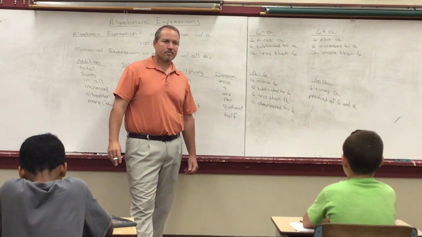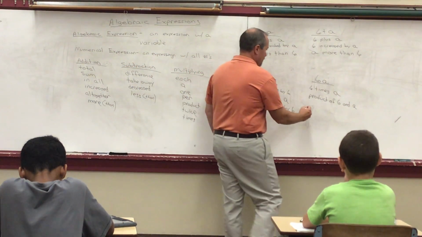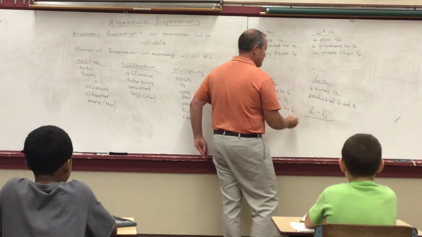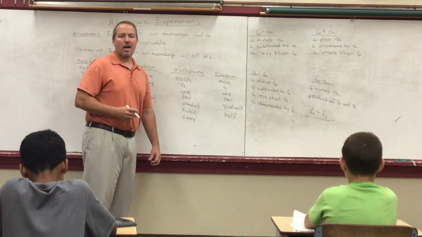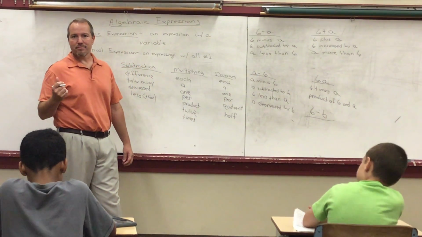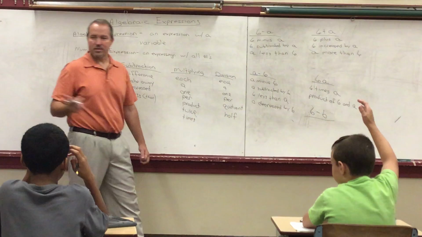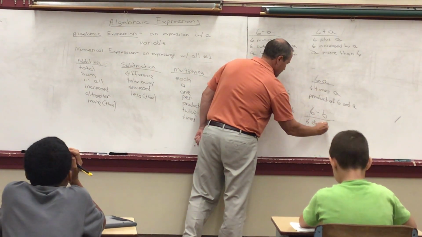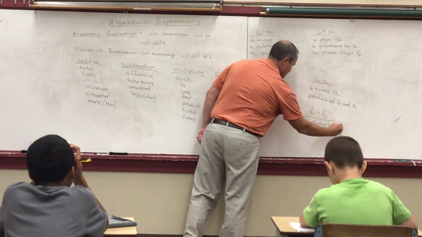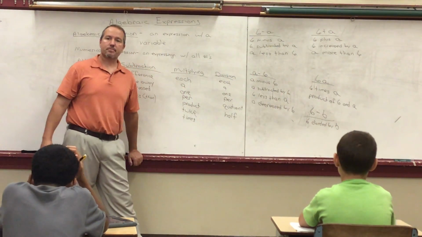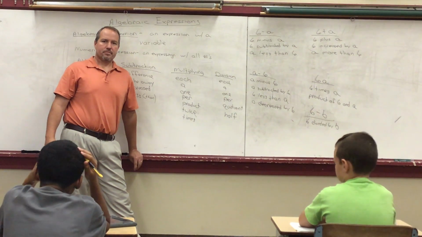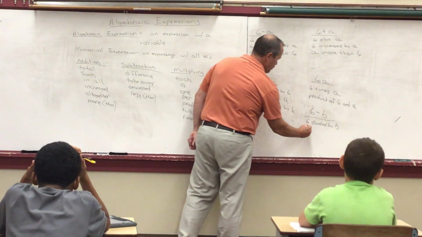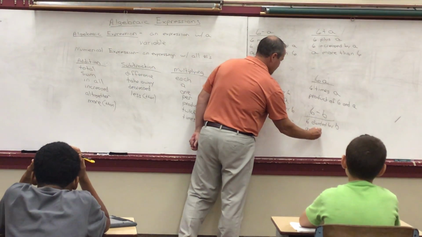How about if we have this? Obviously, the first way would be 6 divided by B. How about the quotient of 6 and B?